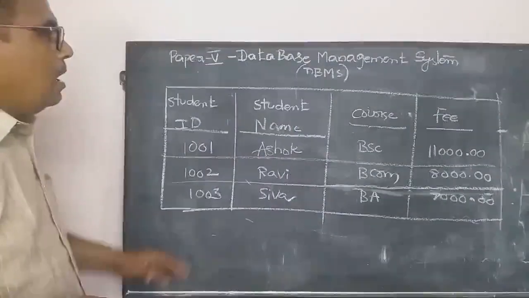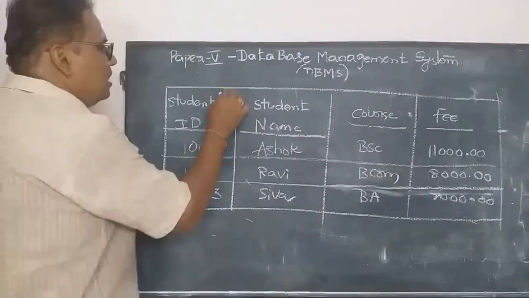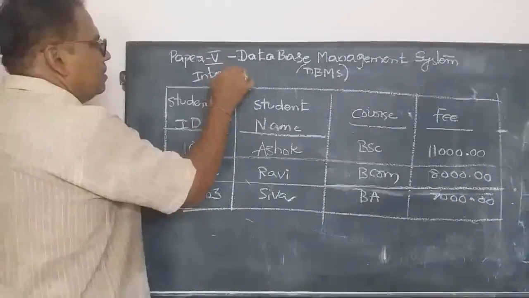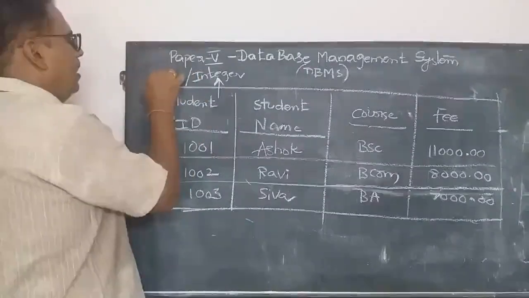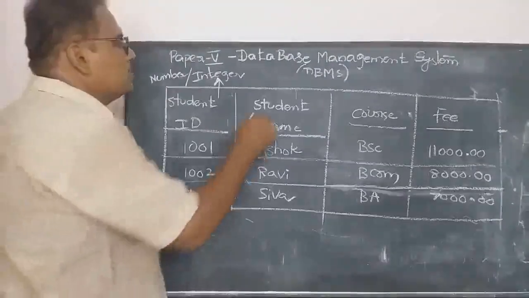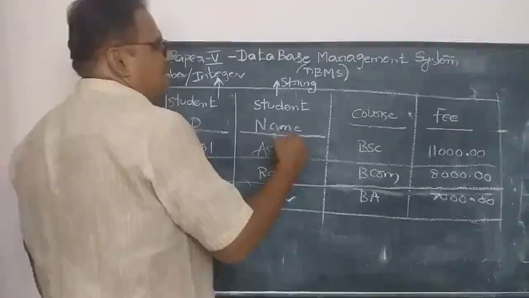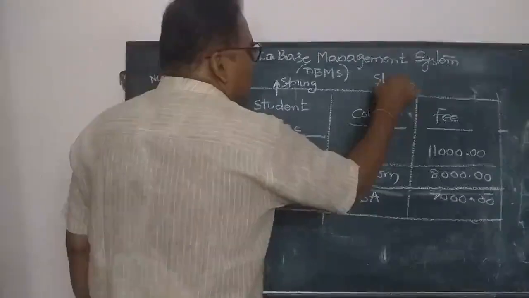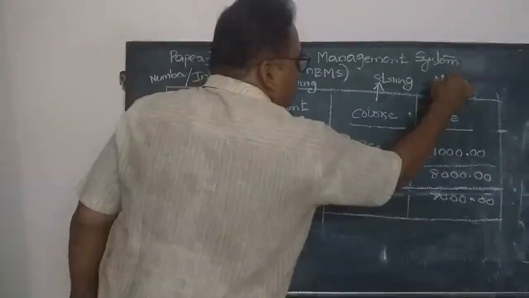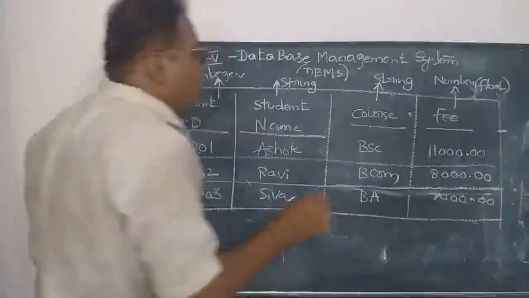Now, in this, how can we identify metadata? Take student ID. Student ID is an integer, also called a number. Student name is a string, that is characters. Course is also a string, and tuition fee is a number in float format, with decimal values.